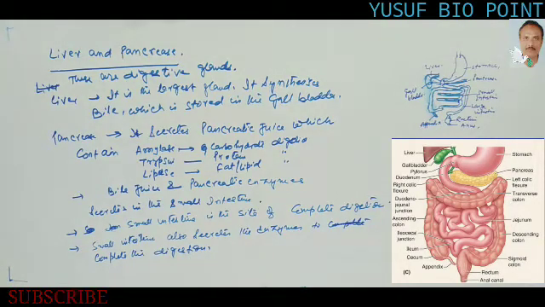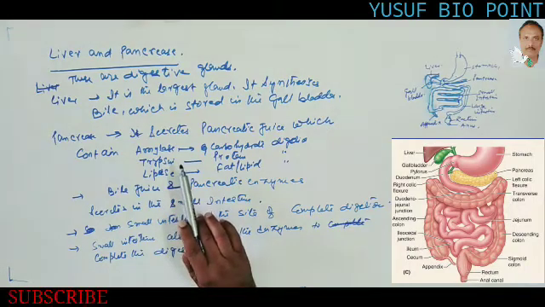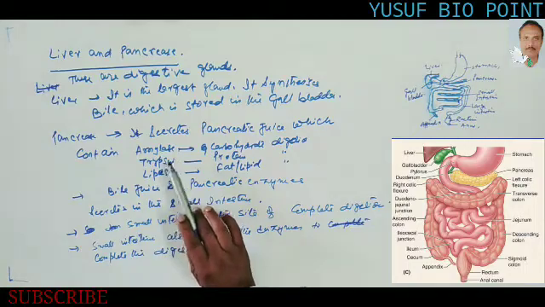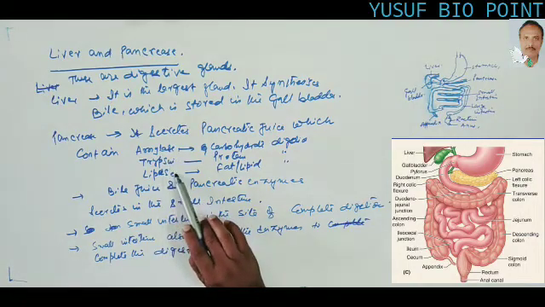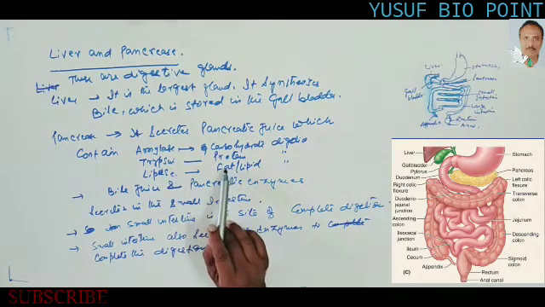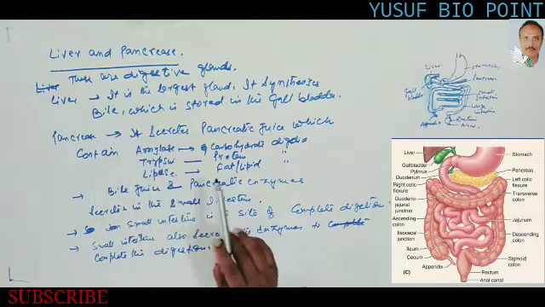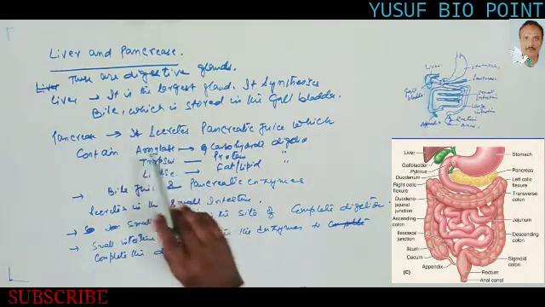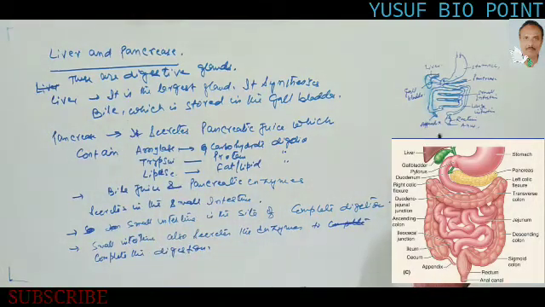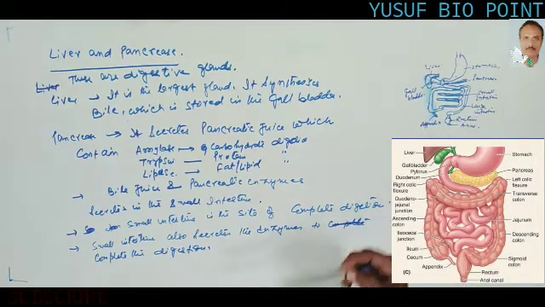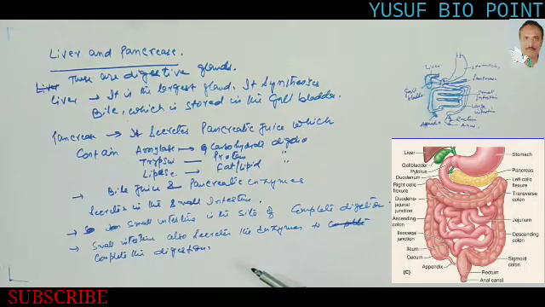So in the small intestine, these enzymes from pancreatic juice like amylase, trypsin, and lipase come, and also the bile enters the small intestine. Now you see how the digestion takes place.